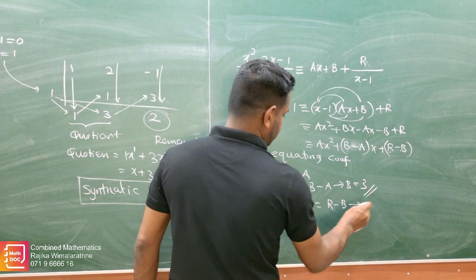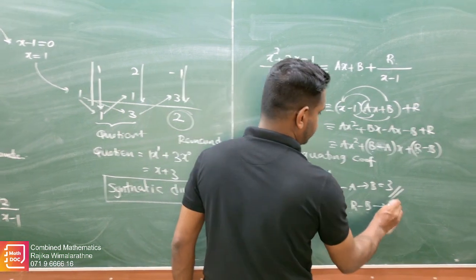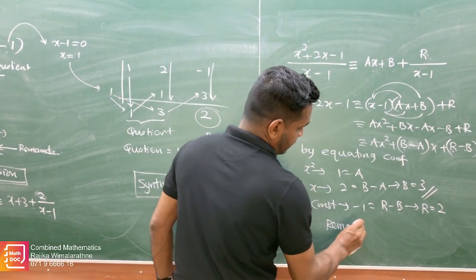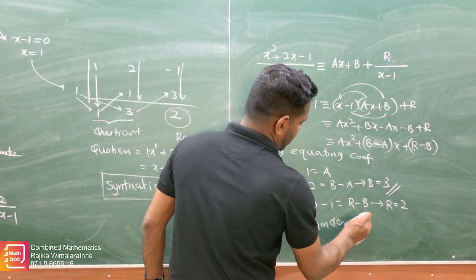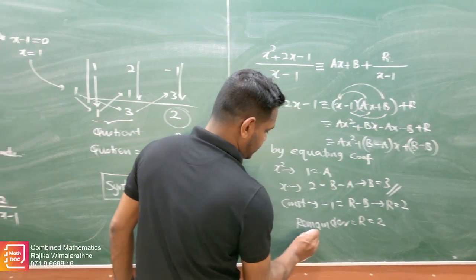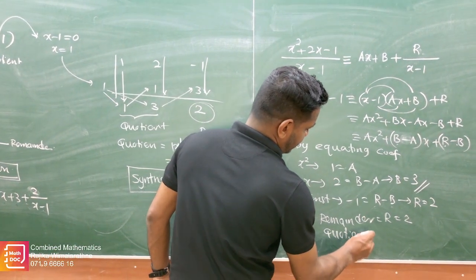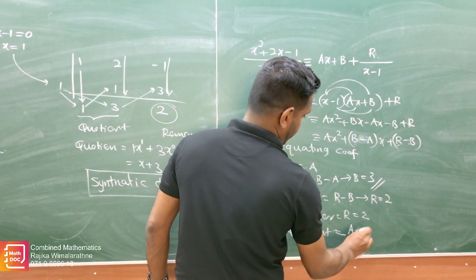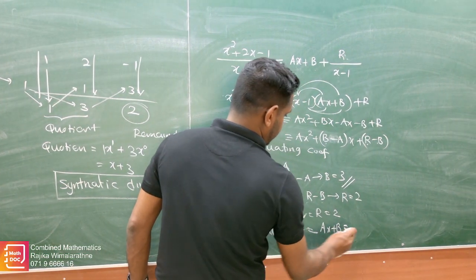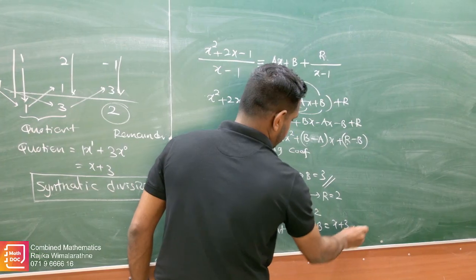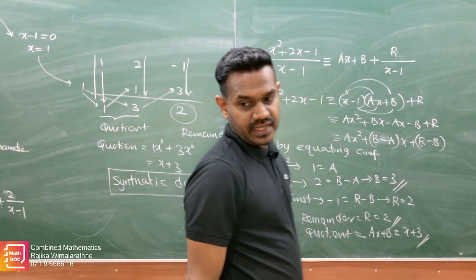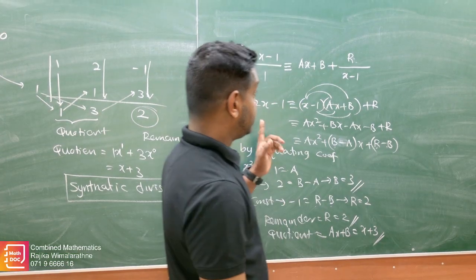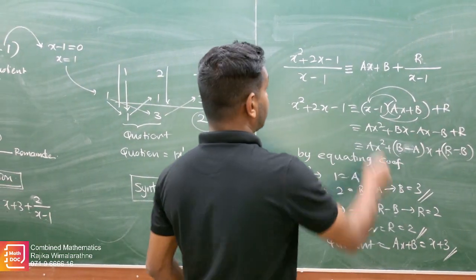With b equal to 3, substituting gives r equal to 2. Therefore the remainder r is 2 and the quotient is ax plus b, with a equal to 1 and b equal to 3, so x plus 3. Then we get the same remainder and the same quotient. This is the division algorithm.